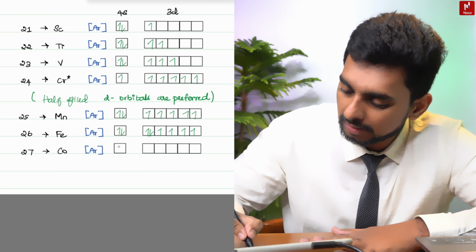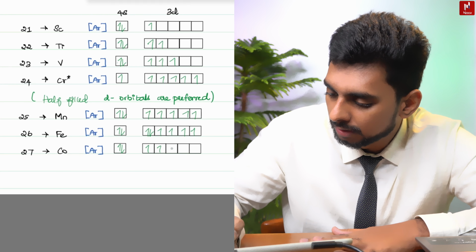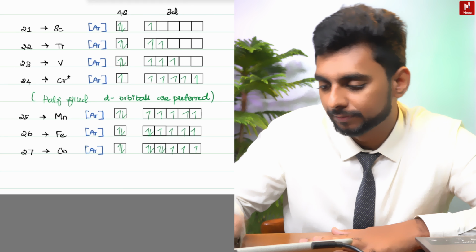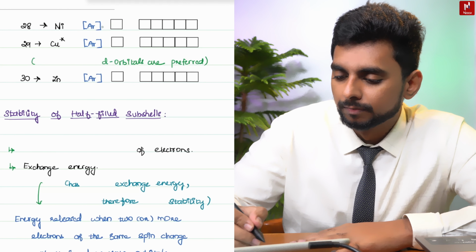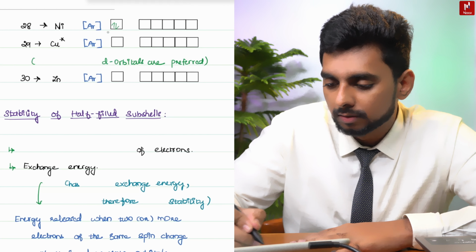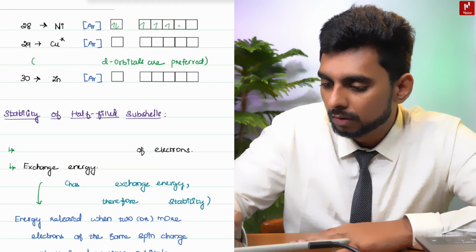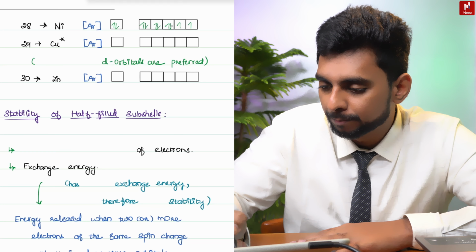Then for cobalt, same way. It will be paired, and then all the orbitals will be singly occupied. First two orbitals will be paired. Got it? Next, in the case of nickel, it will be something like this. So 4s will be paired, and then all the 5 will be singly occupied. First three orbitals will be paired.